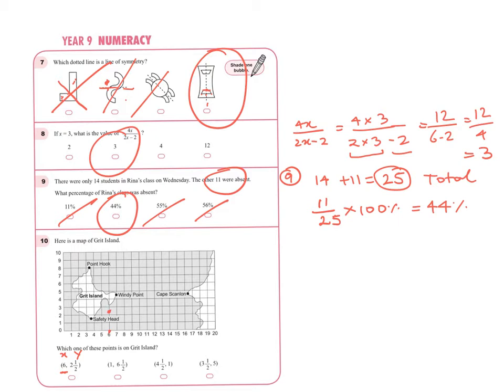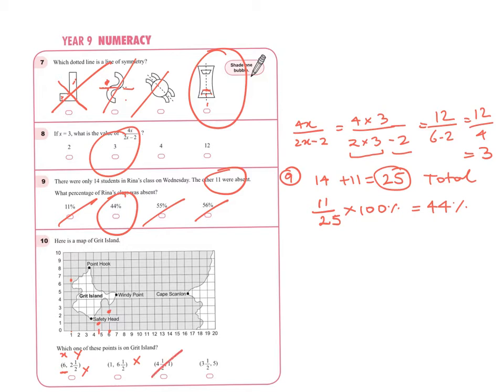And then 2.5, oops, we're in the water, nope. The next one, 1 and 6.5, oopsies, in the water, nope. If you don't mind water, that's fine, but we're looking for the points that are on Grid Island. Maybe it's Treasure Island, who knows. 4.5 approximately is here, and 1, wow, we are still in the water, not this one either.